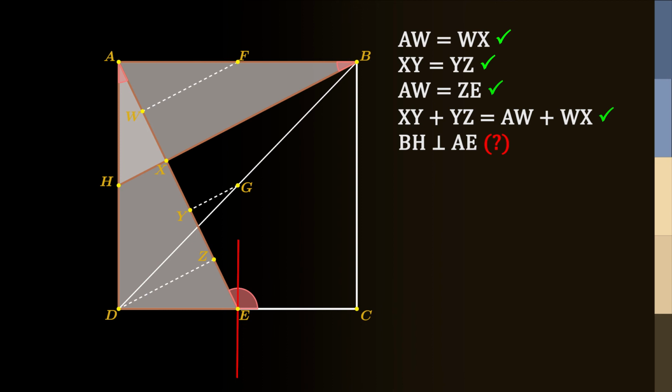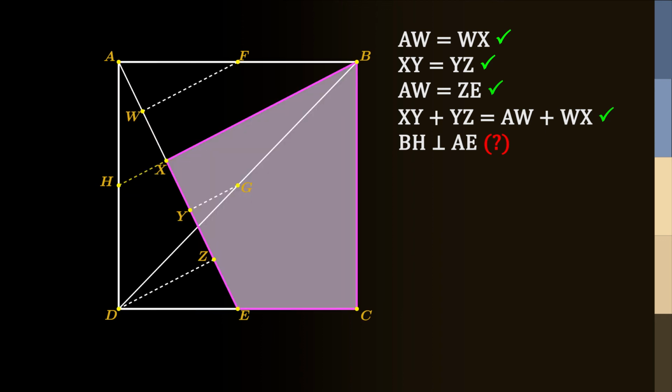On the other hand, the angle formed by XBC is equal to a right angle minus the angle A. Thus, the sum of the angles AEC and XBC is equal to a right angle plus a right angle minus A. So A cancels out, and we finally can conclude that AEC plus XBC is equal to 2 right angles, which proves that the angle in X of the quadrilateral BCEX is a right angle, and so BH is perpendicular to AE.